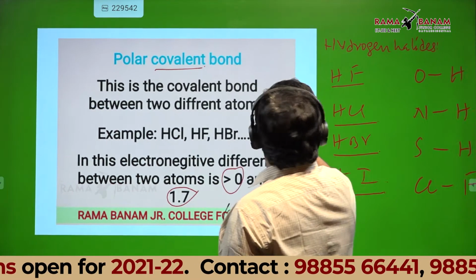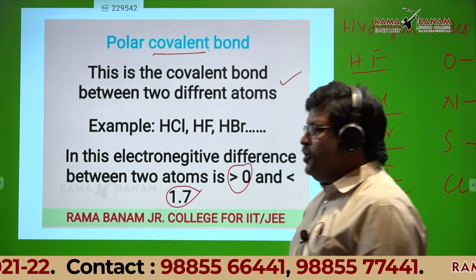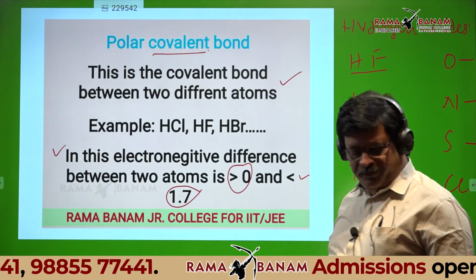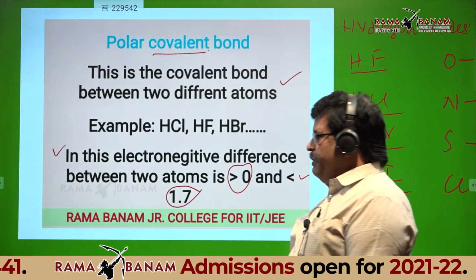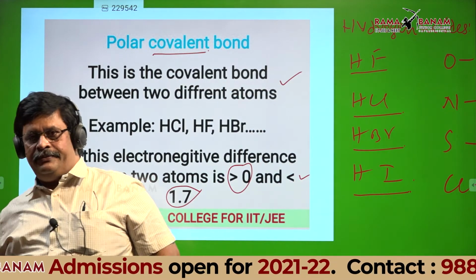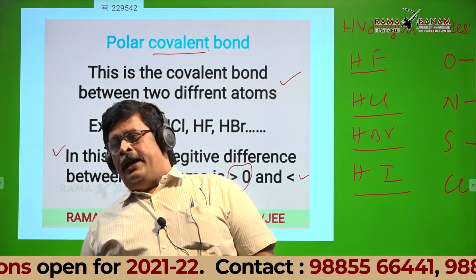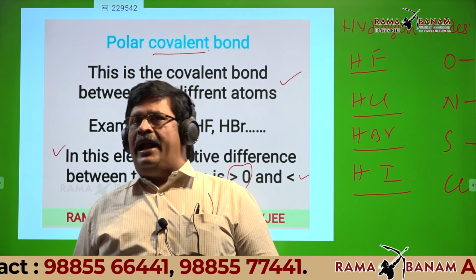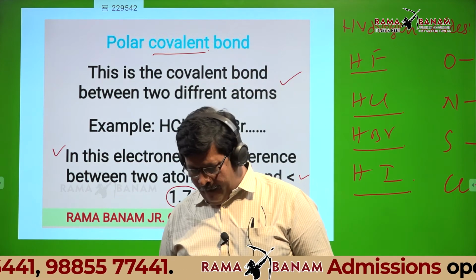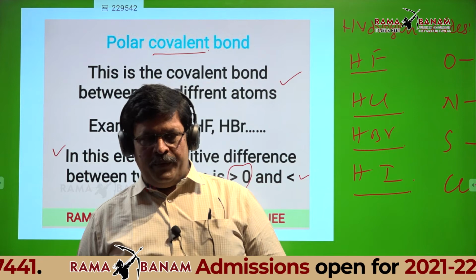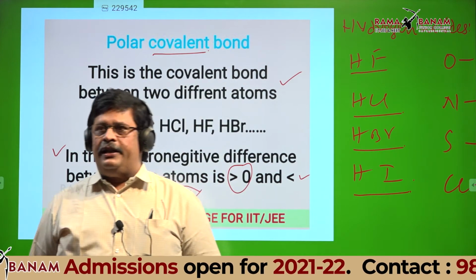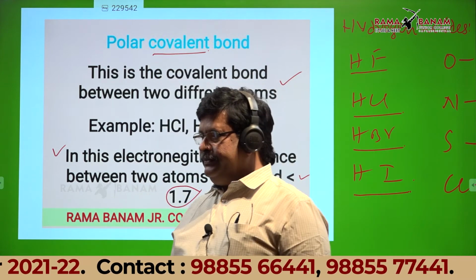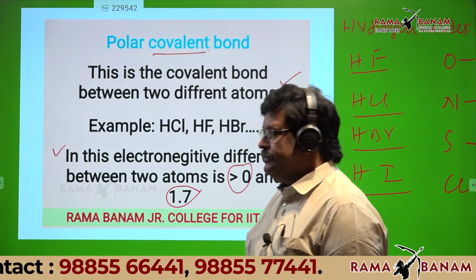Yes, sir. Now write this point here. You should know this. Write this condition: in this, the electronegative difference between the two bonded atoms is greater than 0 and less than 1.7.